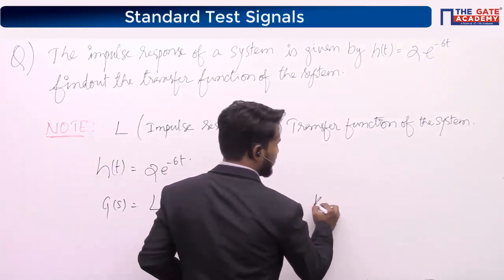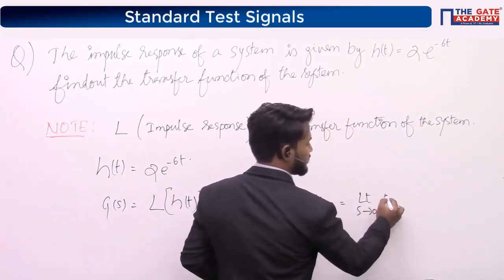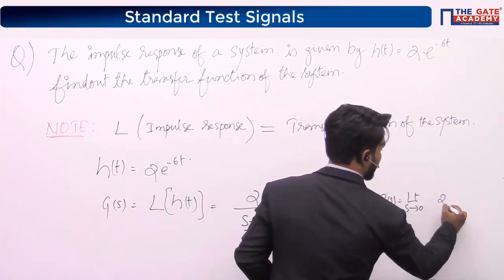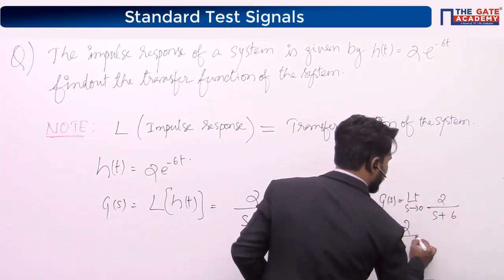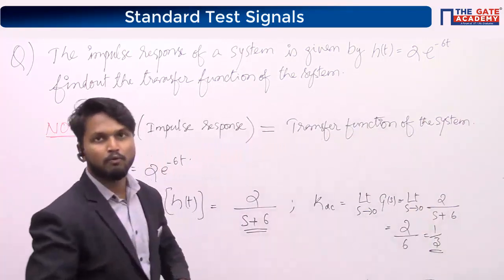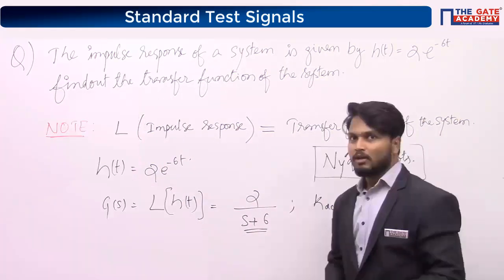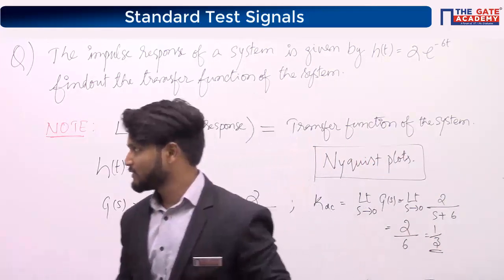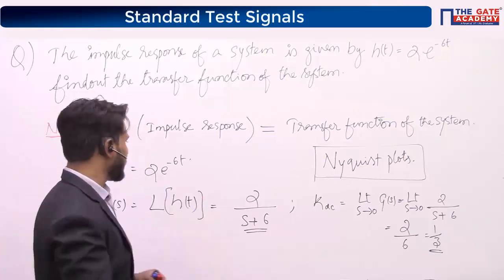Therefore, DC gain KDC is equal to limit s approaches 0 of the transfer function g of s, that is equal to limit s approaching 0 of 2 by s plus 6, that is equal to 2 by 6, that is equal to 1 by 3. DC gain of the system is 1 by 3, right? So you remember how to find out the DC gain of any particular system, right? So what is the general representation of any transfer function?